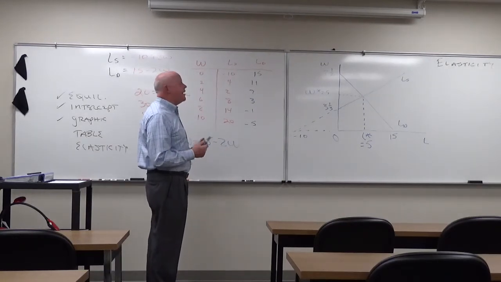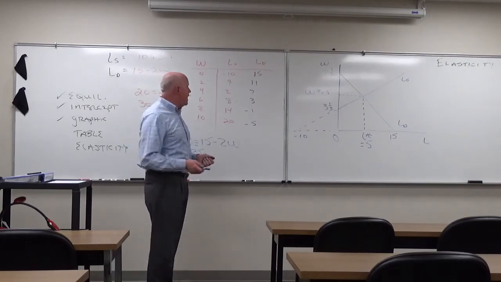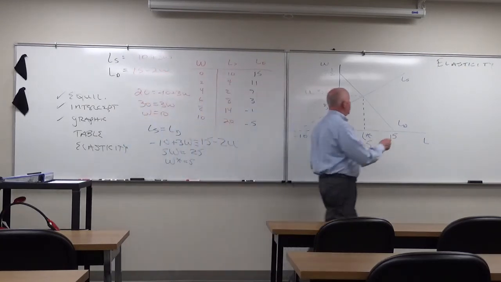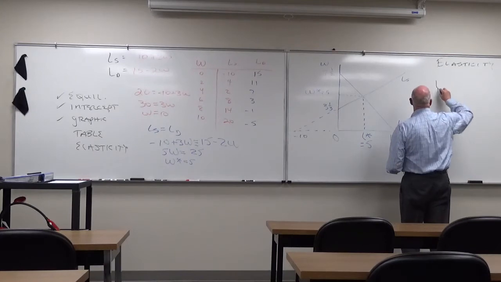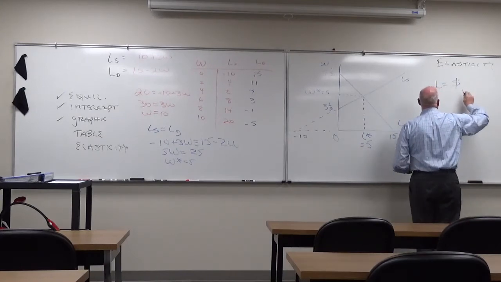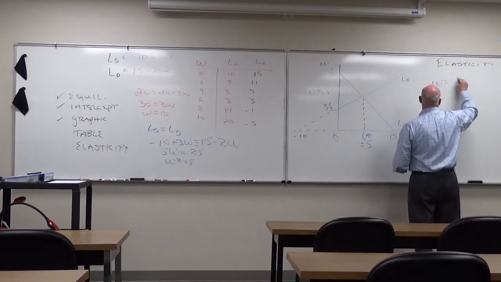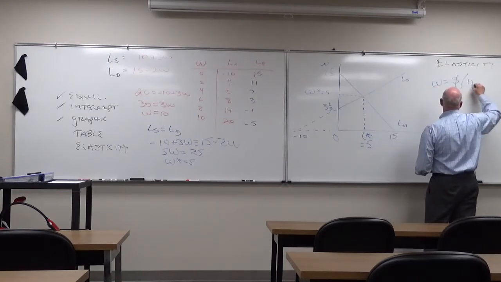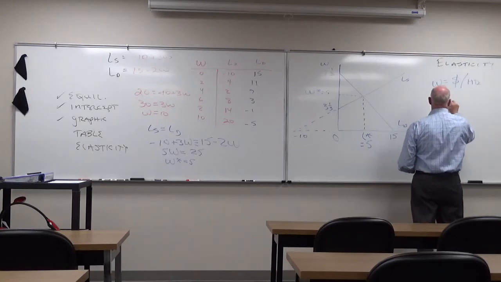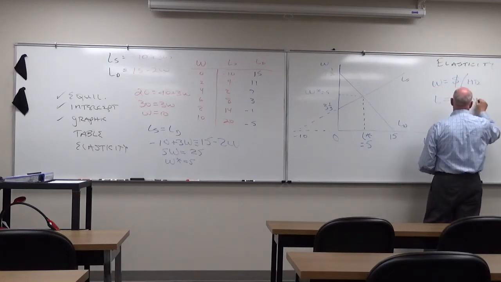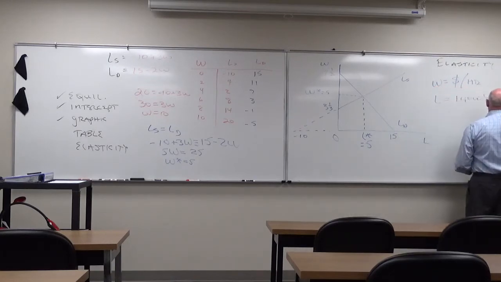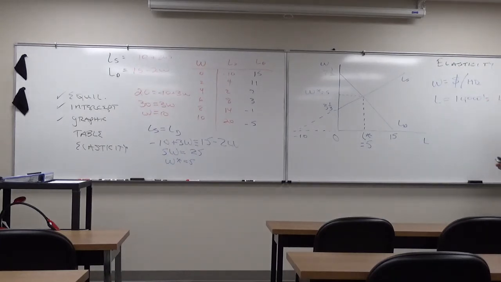If this was $5 an hour, and if W equals dollars per hour, and L equals 10,000s of workers, now we're looking at $5 an hour and 50,000 workers.